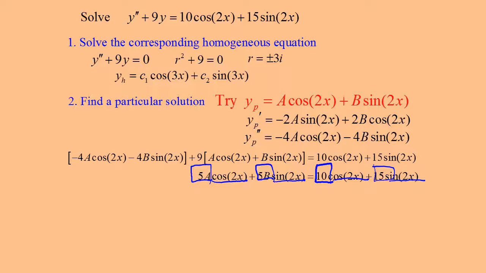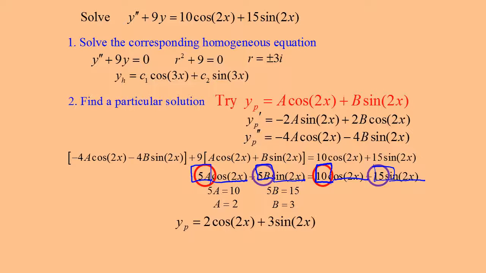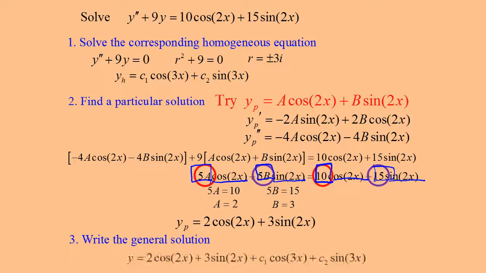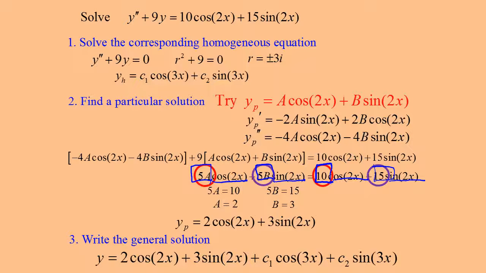So we set those equal to each other and solve for those. And that gives us our particular solution. So now all that's left is to take the solution from number 1 and the solution here from number 2 and just put those together and call that our solution.